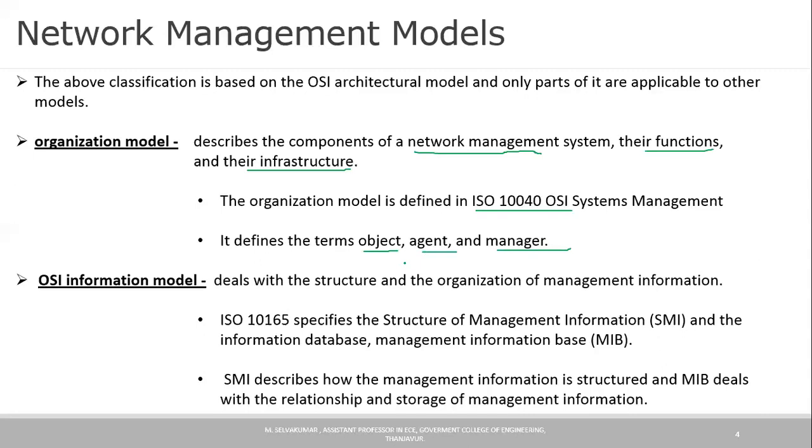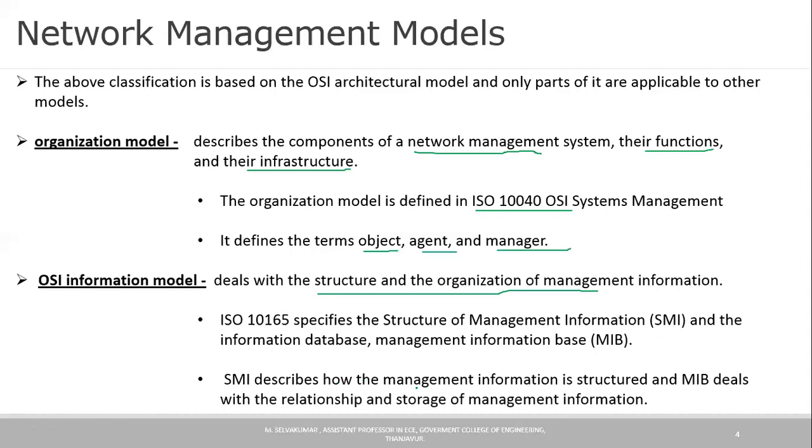Next, the OSI information model. This model deals with the structure and organization of the management information. It stores a lot of information in a database, which we call the management information base (MIB), and the structure of management information (SMI).